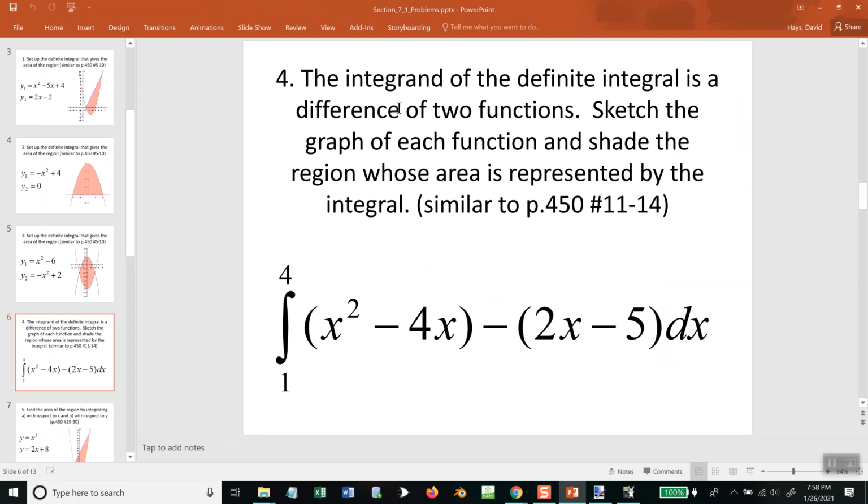Now the integrand of the definite integral is the difference of two functions, which we've already demonstrated in three questions. Sketch a graph of each function and shade a region whose area is represented by the integral.